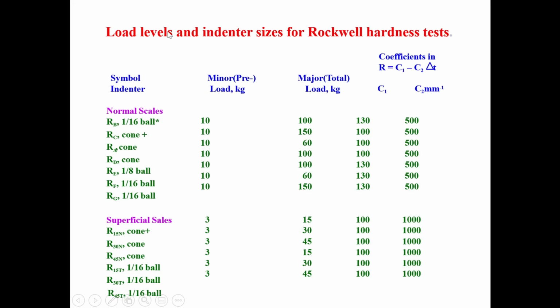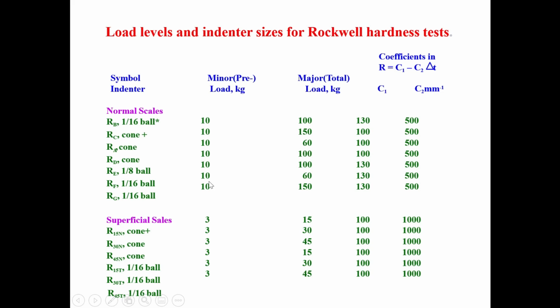So, load levels and indenter sizes for Rockwell hardness test are as shown in this table. Generally normal scale, here these are the different scales. This is a diamond indenter, this is ball indenter.